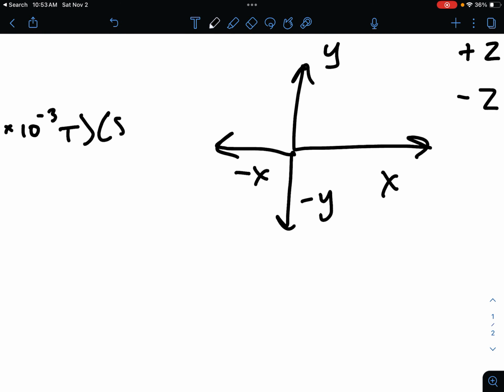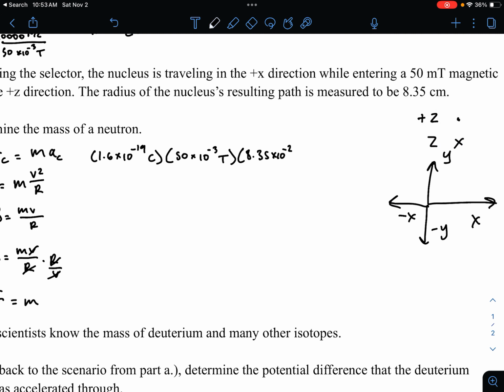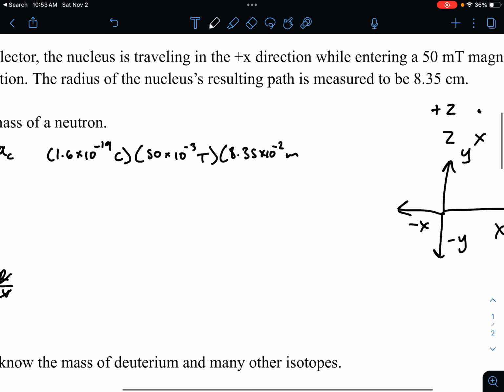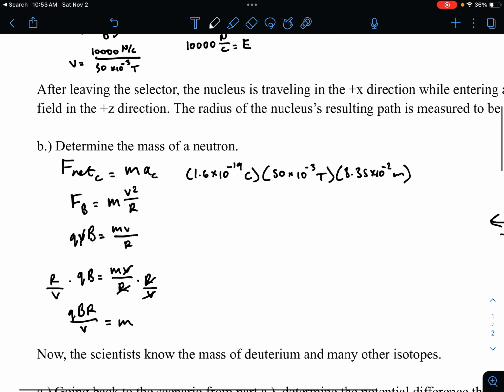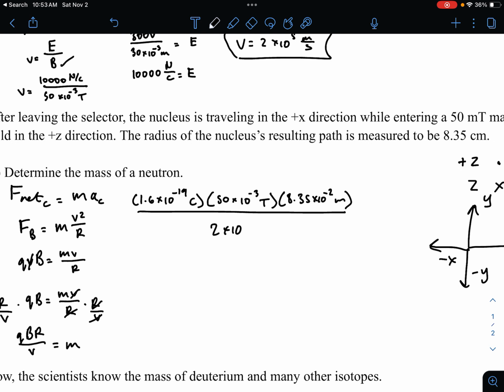That's kind of easy to convert: 10 to the negative 2 meters, because centi means 10 to the negative 2, the same way micro means 10 to the negative 6. And then we're going to divide all of that by the velocity, which we found was 2 times 10 to the 5th meters per second. That's going to equal your mass.